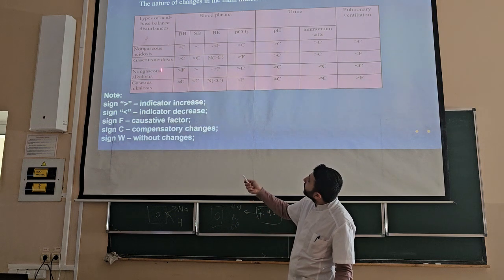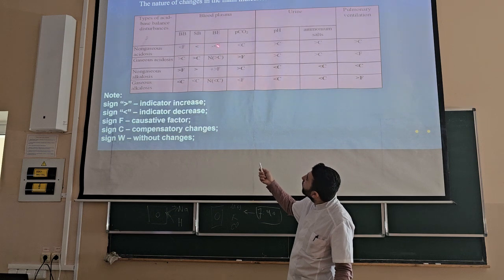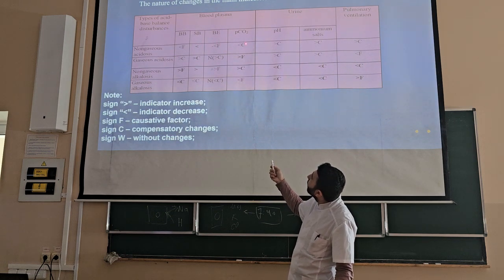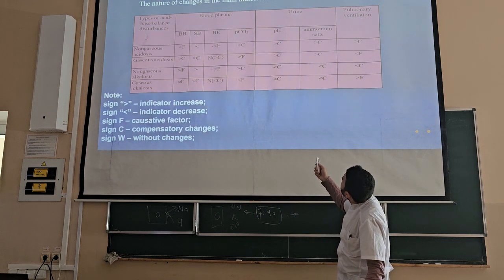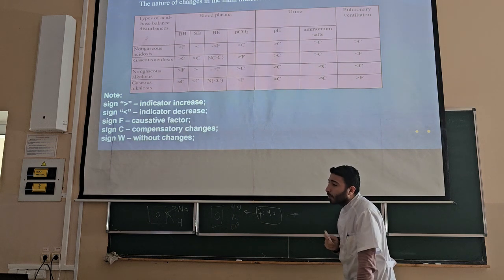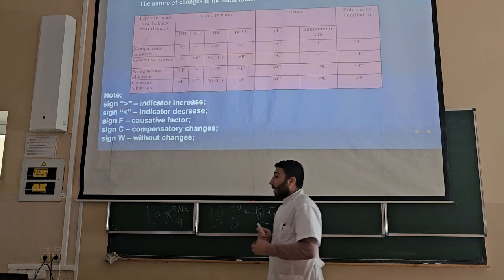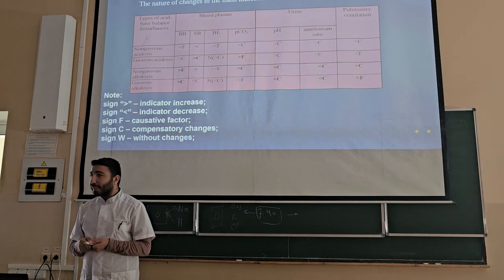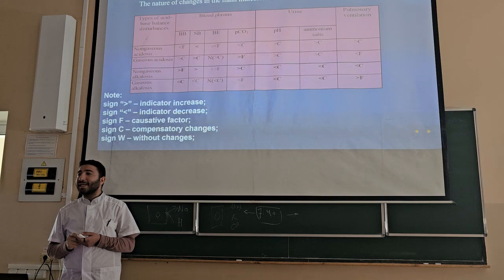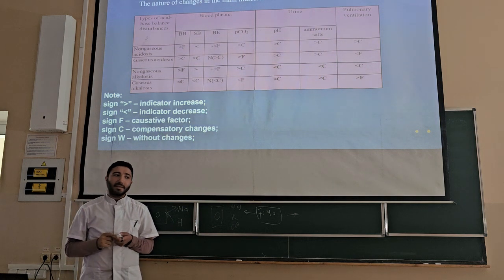Here you will see the blood pressure, primary elements, carbonic acid, the pH level, and ammonium sulfates, what will happen to them, and the pulmonary ventilation. And that's it for today's topic, acidosis and alkalosis. It is very important to understand it.